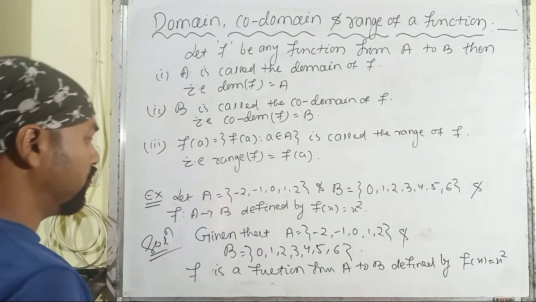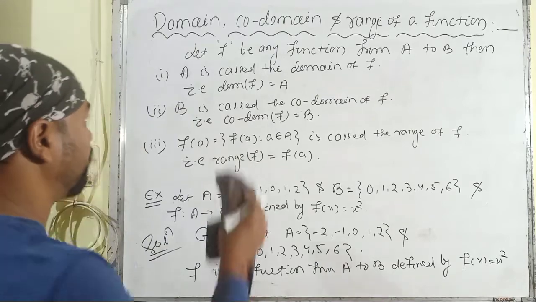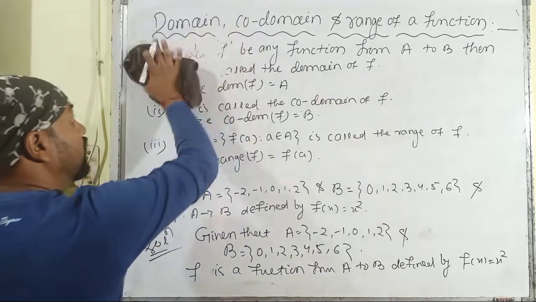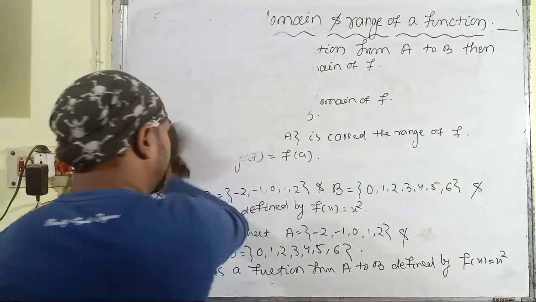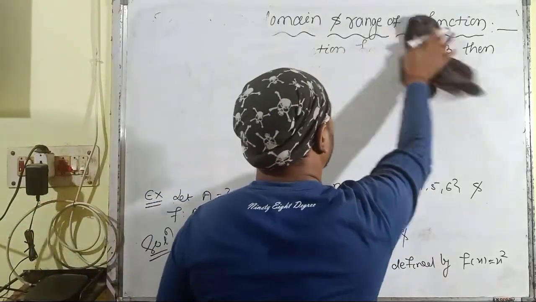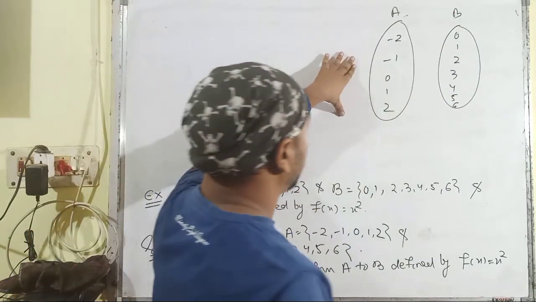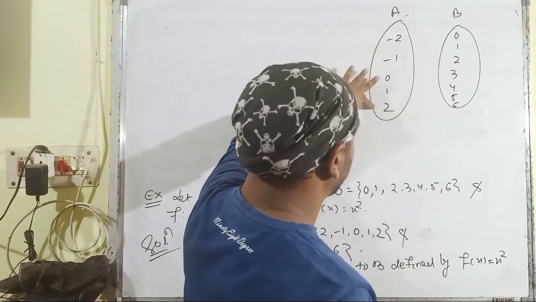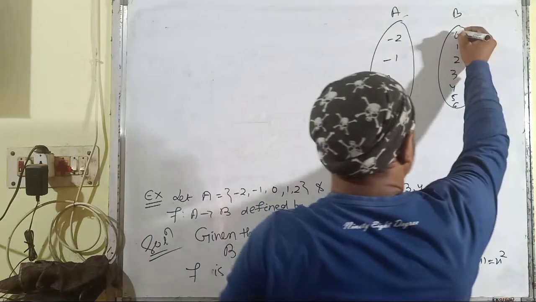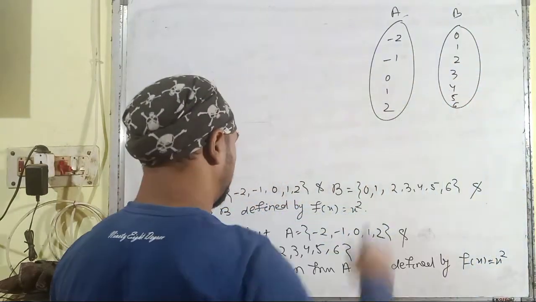Then first of all we have to find the function here from the set A to the set B. So here the first set is -2, -1, 0, 1, 2 and the second set is 0, 1, 2, 3, 4, 5, 6.